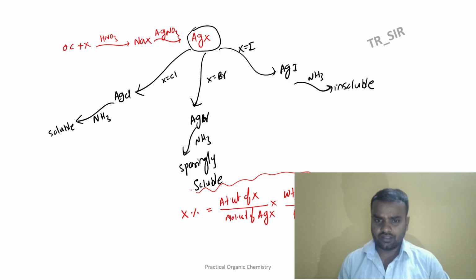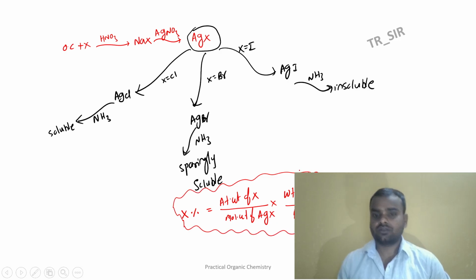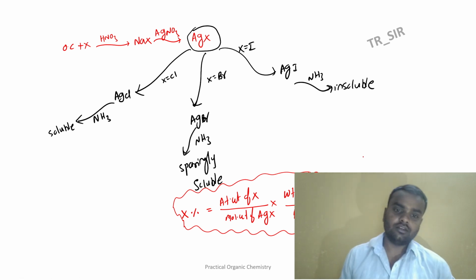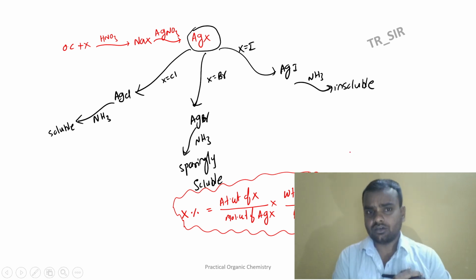So by solving this, we will get all types of halogens: chlorine, bromine, iodine. Okay, so this is how the process will be completed.